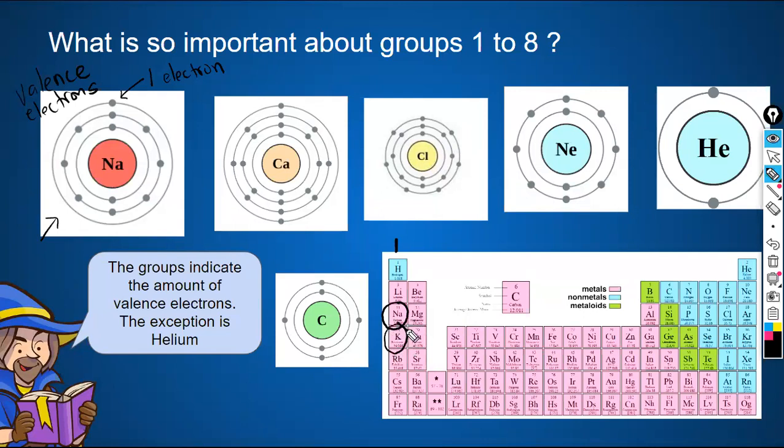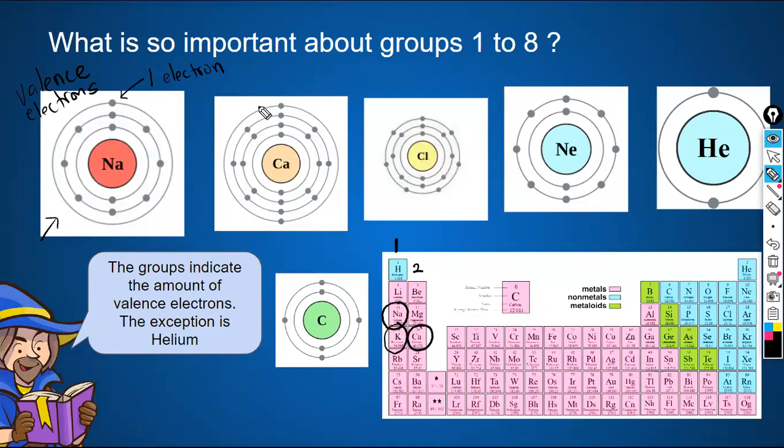Sodium, the K here, K is for potassium. If you were to draw potassium, when you are finished drawing it, it would only have how many electrons on its last shell? One. It would have one valence electron. Let's look at calcium. Calcium is in which group? 2.